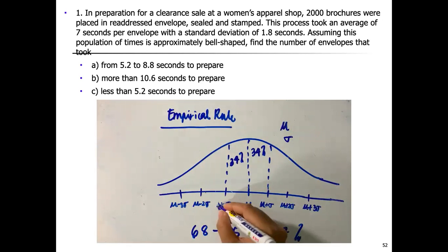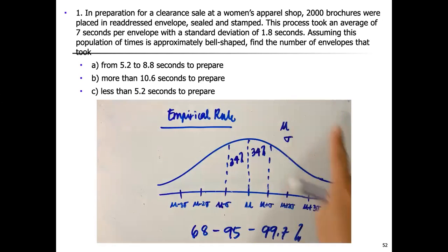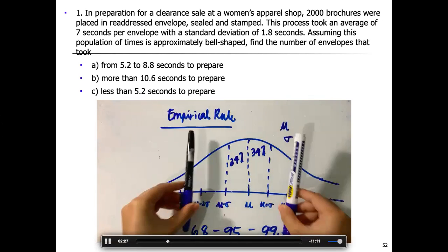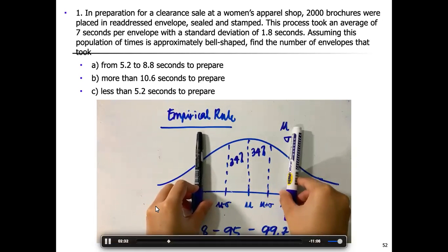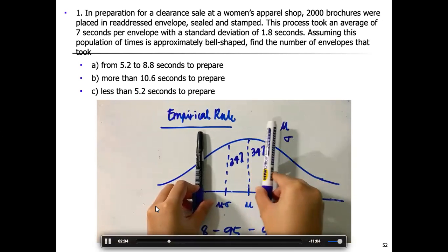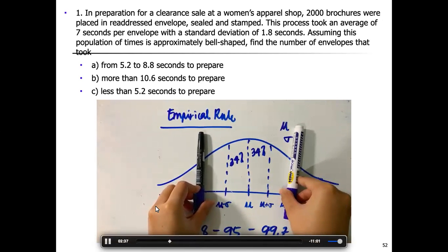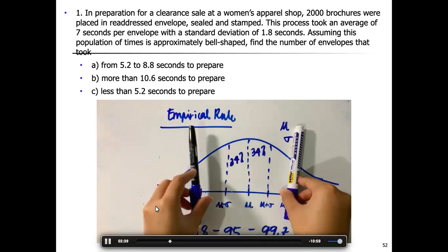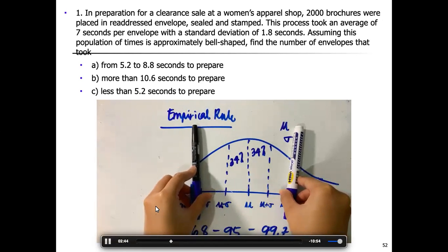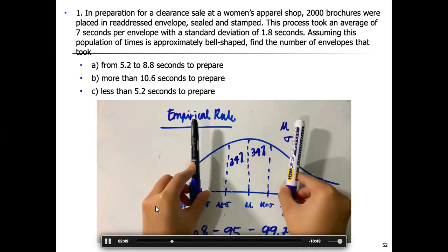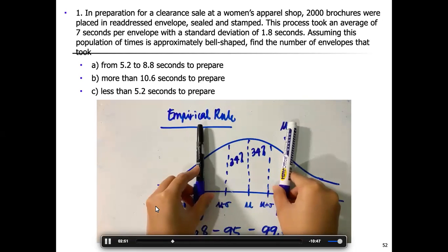Now, the next part of the rule is that 95% of the distribution is found within two standard deviations. That means two standard deviations above the mean, or to the right of the mean, and two standard deviations to the left of the mean, or below the mean, would give us an approximate of 95% of your distribution found within this region.